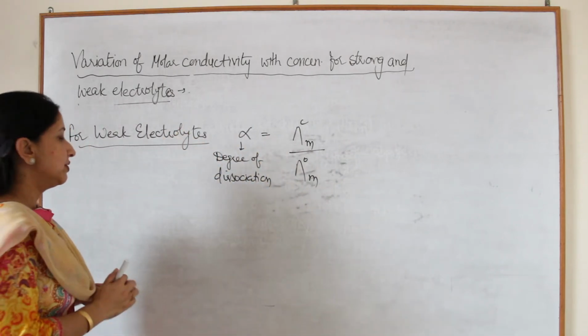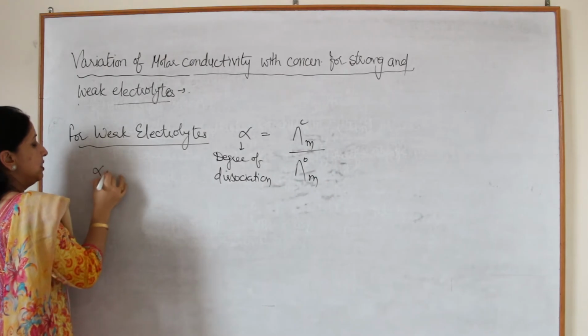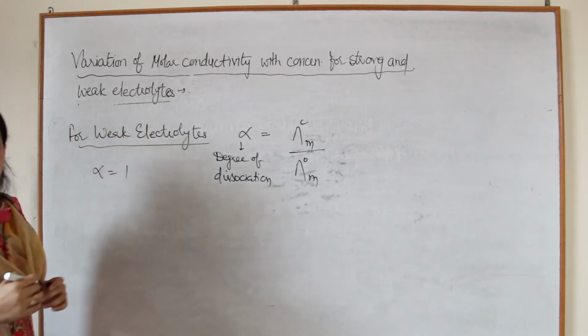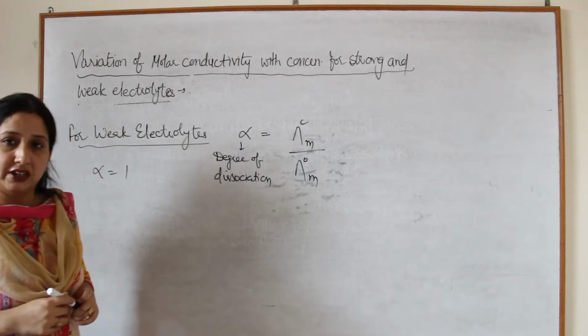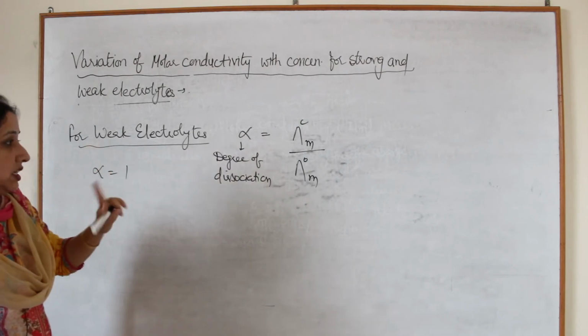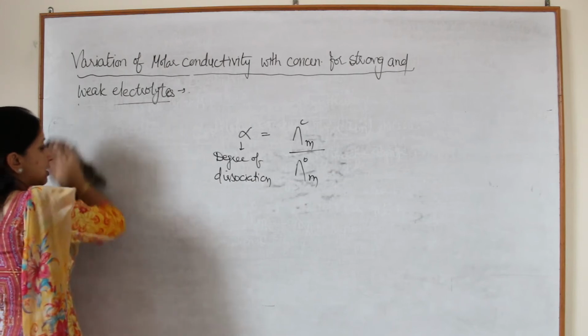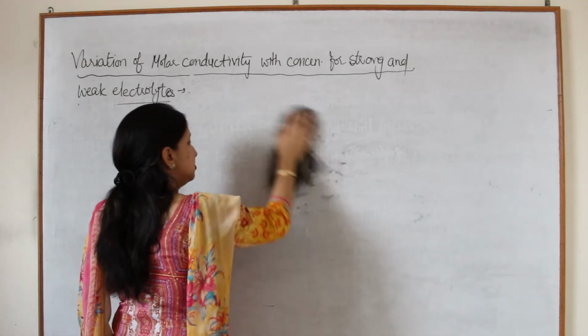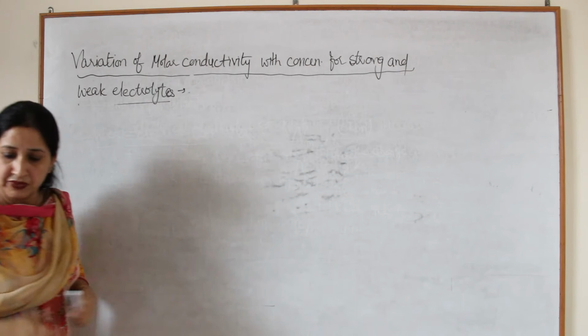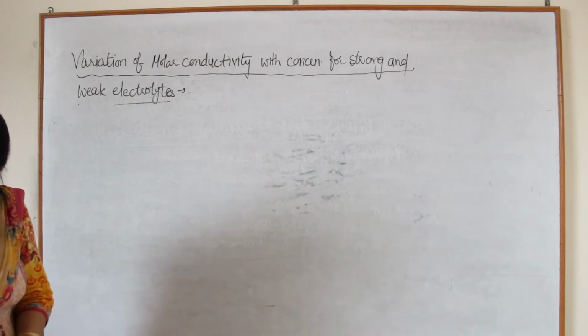And for strong electrolytes we have known that alpha is almost equal to 1. So for these two problems there was a law put forward by Kohlrausch, and this law is known as Kohlrausch law. So next topic is Kohlrausch law.